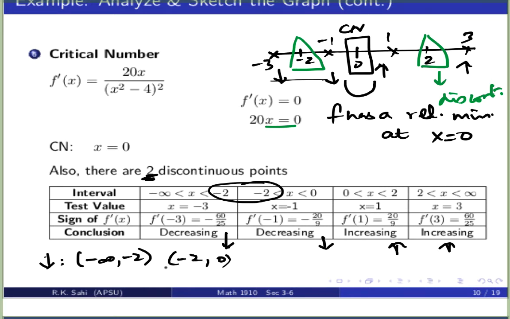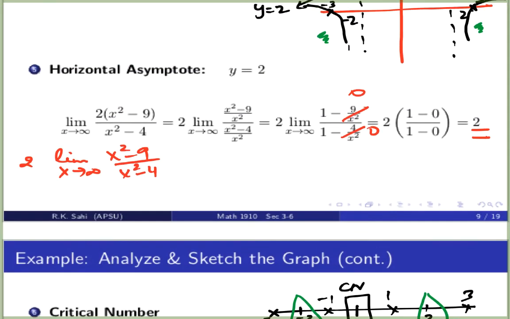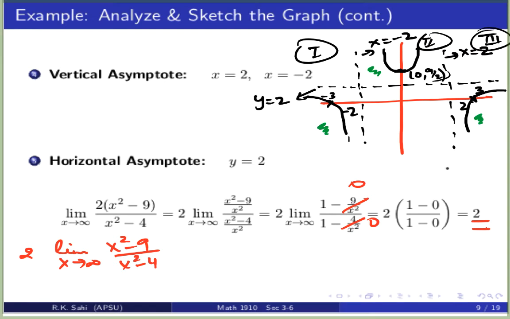The graph is not crossing minus 2. It's increasing from 0 to 2 and then 2 to infinity. Remember the barriers, guys, very, very important. This little one means this is our discontinuity, which is also saying these are vertical asymptotes. So we look at this one. That's the graph of our function.